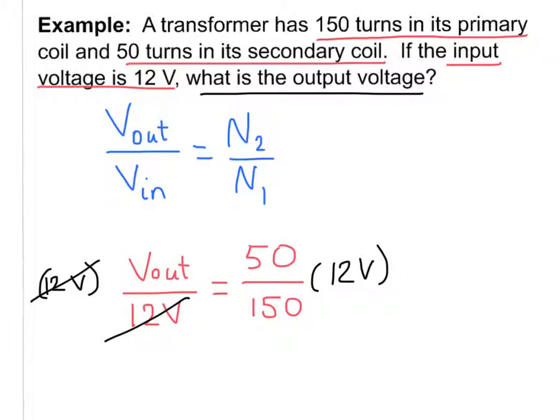And I am simply left with the output voltage equal to 50 divided by 150, and then that whole thing is multiplied by 12 volts. So my output voltage is 4 volts, and that makes sense. This is going from 12 volts to 4 volts. It's a step down transformer, and there's my answer.